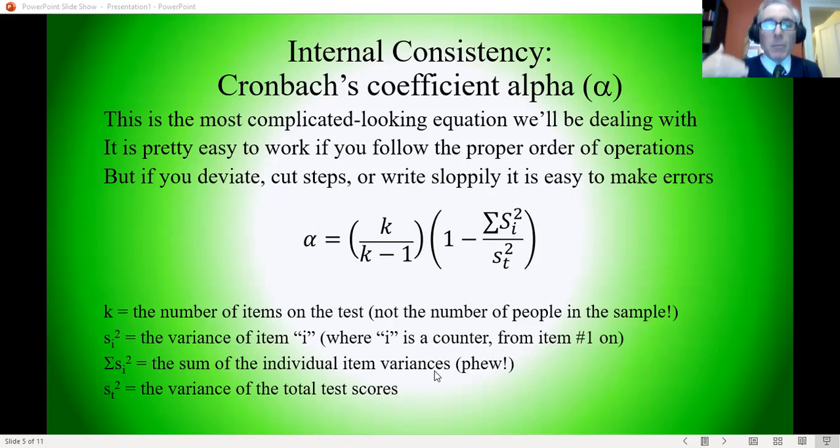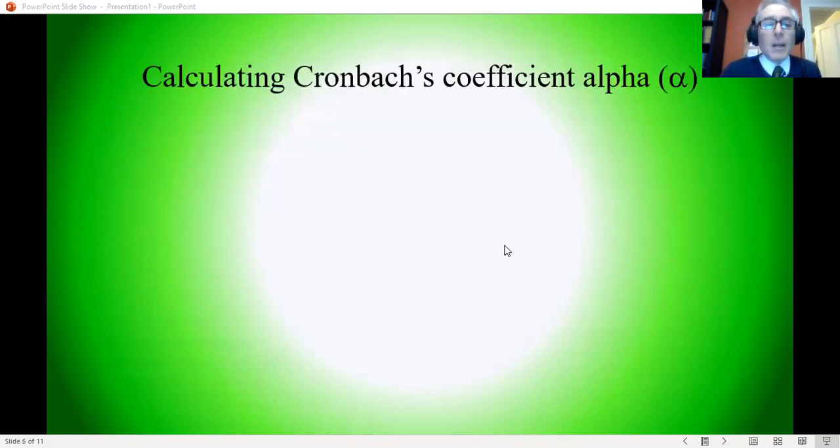But what you have to remember is that each item is a test in its own right. S sub t squared is the variance of the total test scores. I'm not sure whether Cronbach meant this to stand for total or test. I think test, but it doesn't matter. So that's the variance of the scores on the entire test. That's it. That's enough, isn't it?